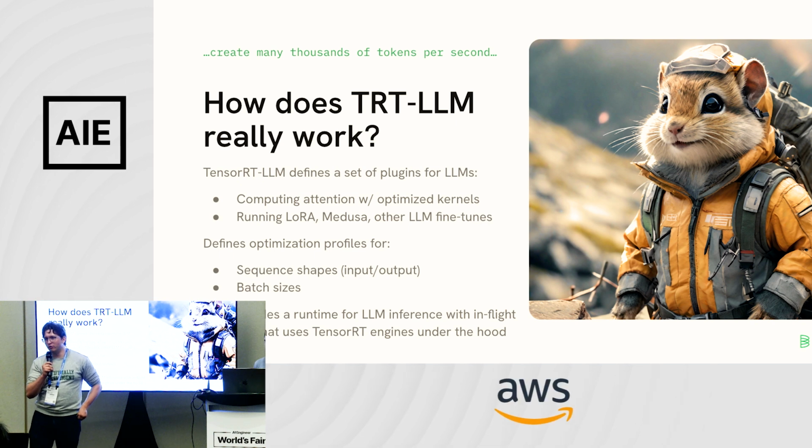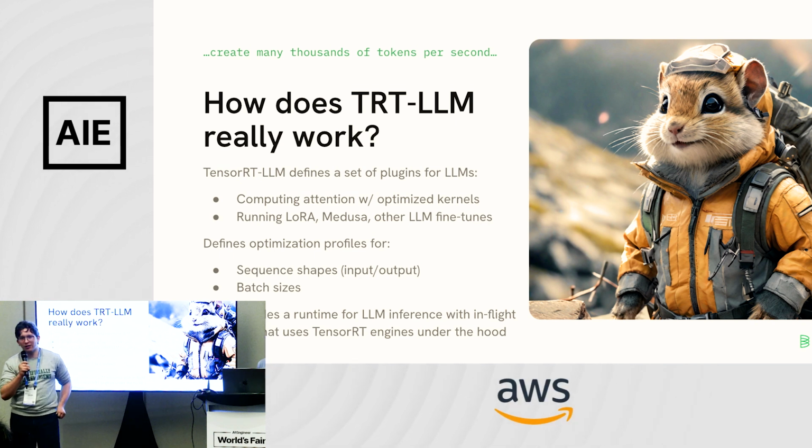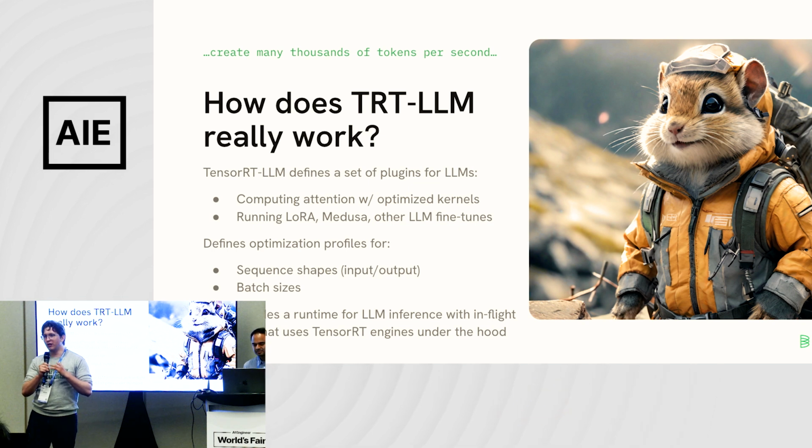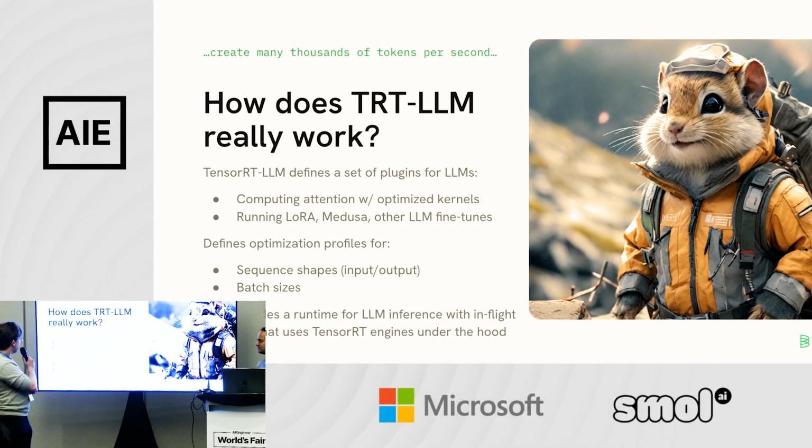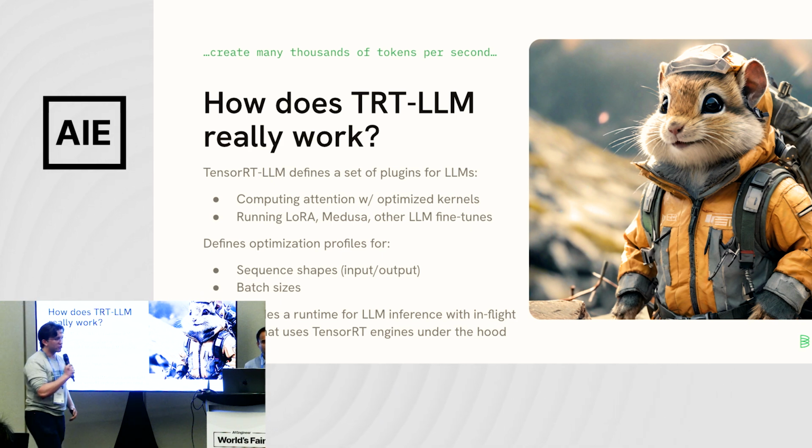Depending on what your input sequence and output sequence lengths are, you're going to want to build a different engine that is going to be optimized to process that number of tokens. So TensorRT LLM is this toolbox for taking TensorRT and building large language model engines in TensorRT.